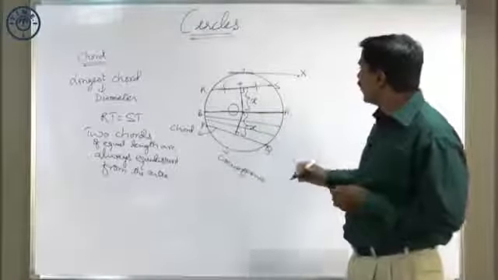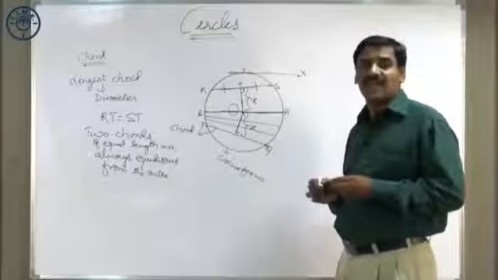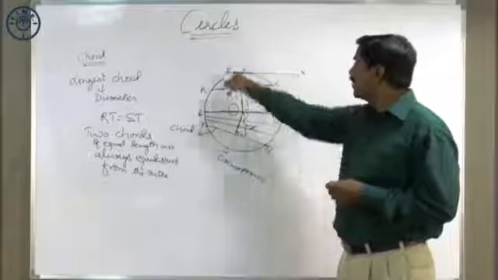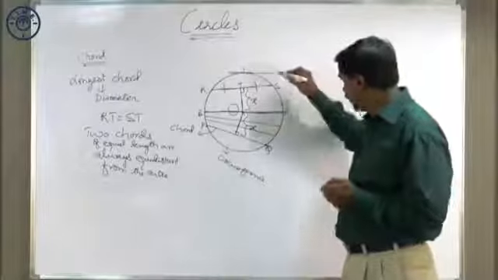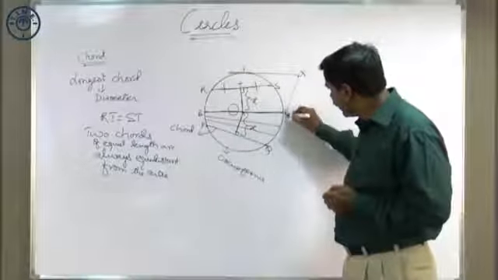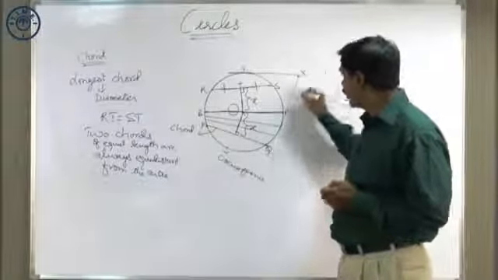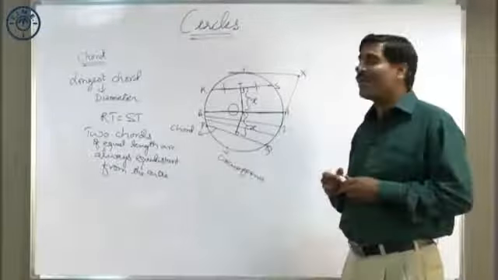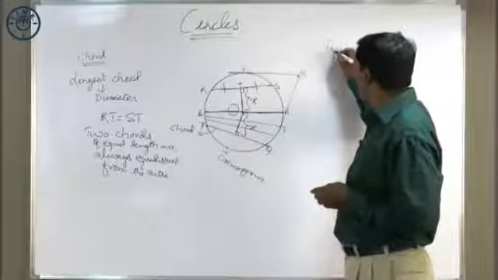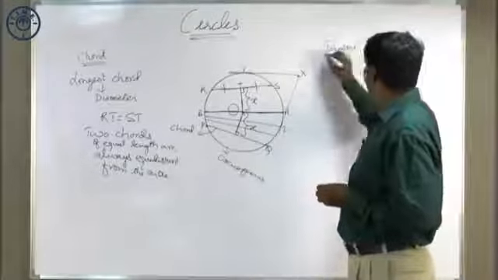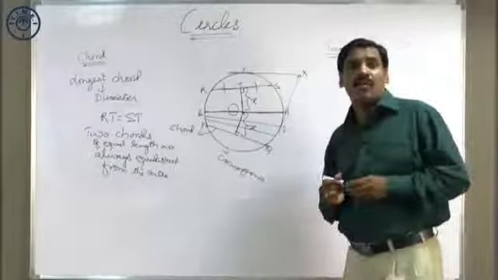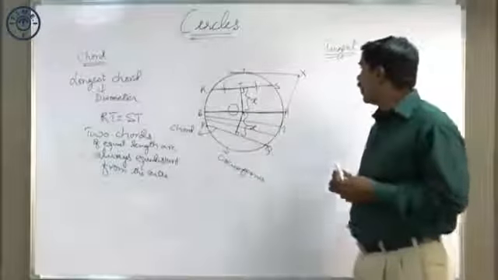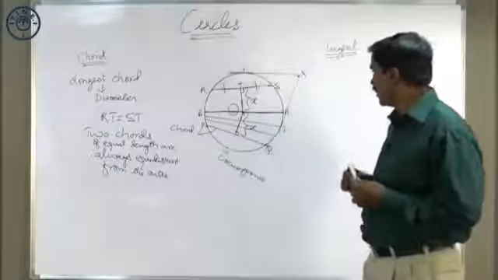And if you are observing from an external point, how many tangents can be drawn to a circle? XY we have observed as one tangent. And in that way, we can say another will be touching the circle at one more point like Z. So XZ is one more tangent. So a tangent is basically the line that touches the circle at only one point from an external point, the external point that we are considering.